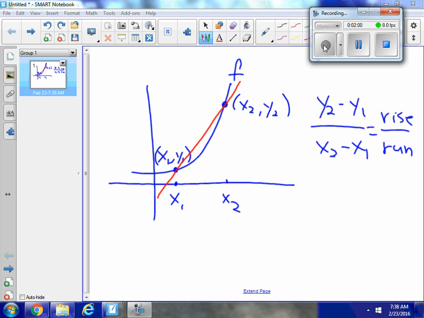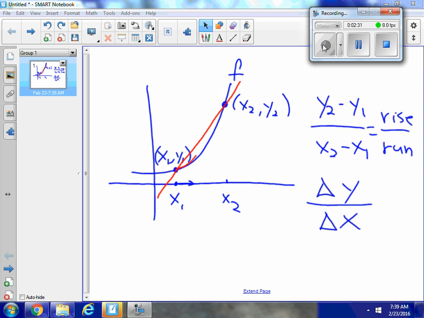But what it's really saying is that for every change, this delta means change, in my x value, every time my x value changes a little bit, I'm going to have a change in my y value, the rate of change. It's going to go up the function a little bit. That's the rate of change. And it's also the slope of the tangent. So you can kind of see slope of the tangent, rate of change, derivative, all the same thing.